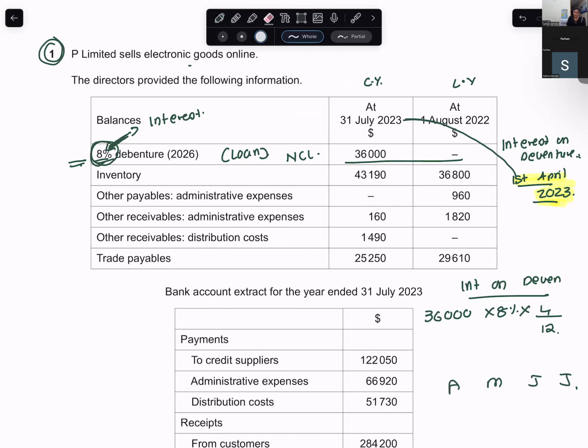So what will the interest be? 36,000 into 4 divided by 12 into 8%. So it is 960. Interest on debentures.